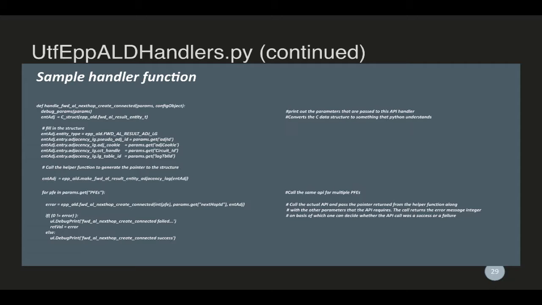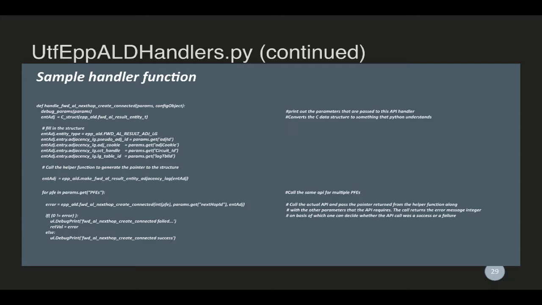So we used the C_struct function which the UTF framework provides to convert the structure forward_AL_result_entity_t into something that Python can digest. So its entity adjacency has that structure in it, and then you can fill the values of the individual fields as you would fill in your normal C structure.